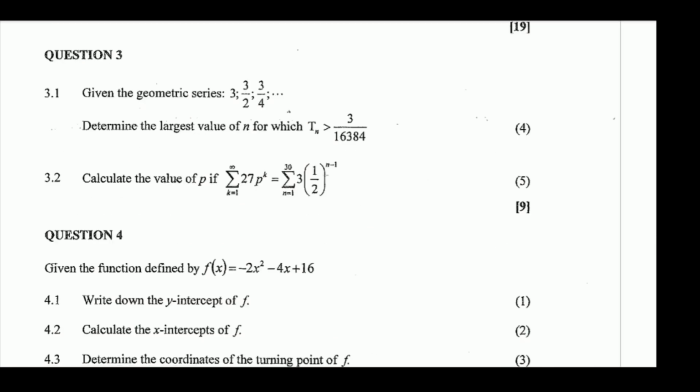So now question 3.1 says that we are given this geometric series of 3, 3 over 2, and 3 over 4. Determine the largest value of n such that Tn is greater than 3 over 16384.